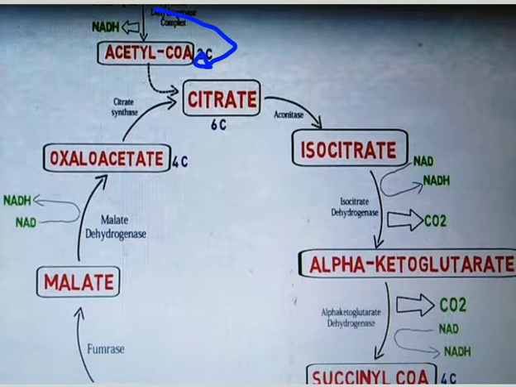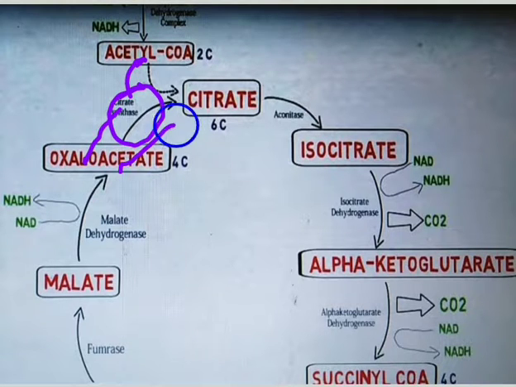It is a complex system of enzymes that converts pyruvate into acetyl CoA, and a molecule of NADH is released. Then acetyl CoA combines with oxaloacetate in the presence of the enzyme citrate synthase to form citrate. Citrate is a 6-carbon compound.